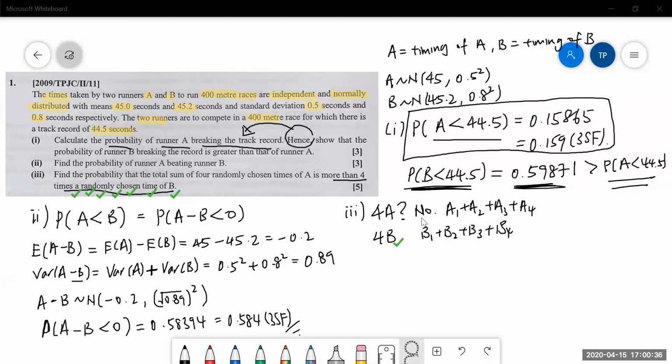Wrong. 4 times a randomly chosen time of B means I'm going to take one randomly chosen time of B and multiply it by 4. But for the expression at the beginning, for A, they say the 4 randomly chosen times, which means these times are different. There are 4 different timings.